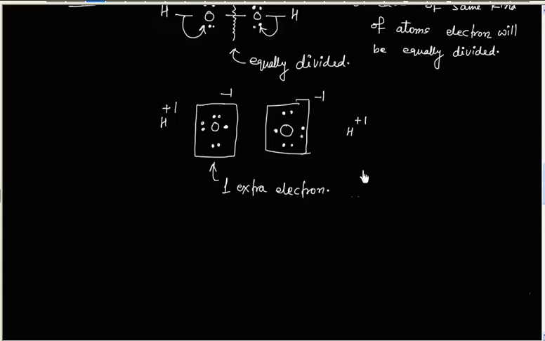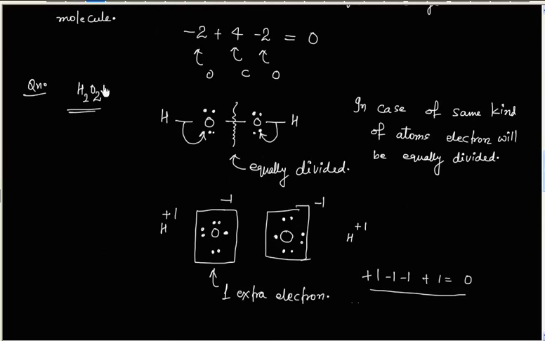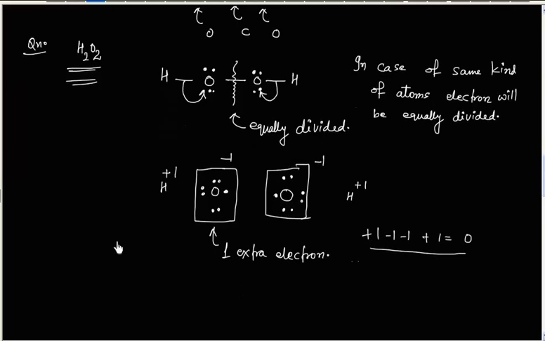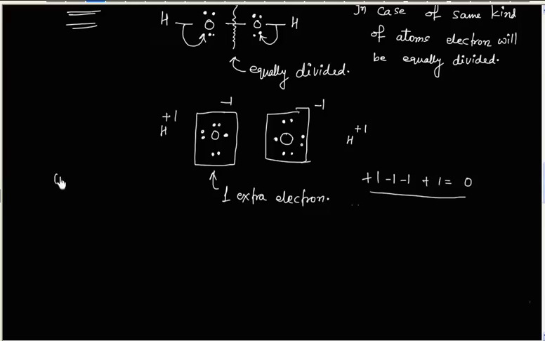If we add all the oxidation numbers, that is plus 1, minus 1, minus 1, plus 1, once again the sum of all the oxidation numbers is the charge on the molecule, and in this case we have no charge, so the sum is 0. So in this case oxygen is in the oxidation state of minus 1, and hydrogen is in the oxidation state of plus 1.